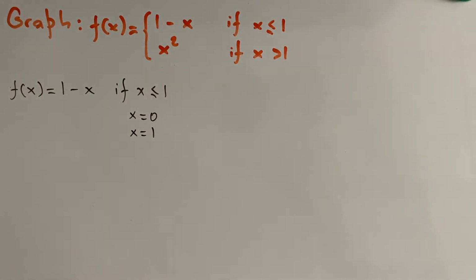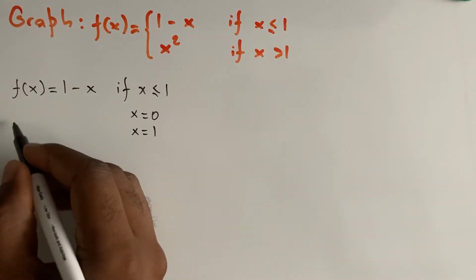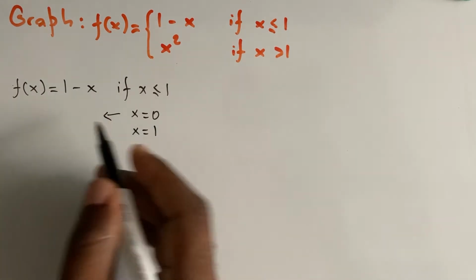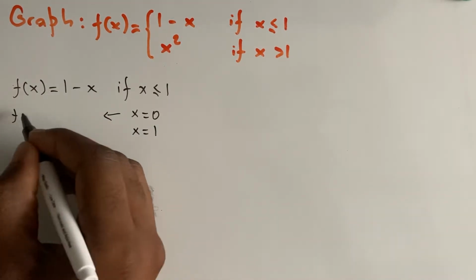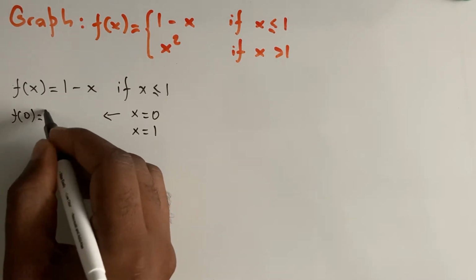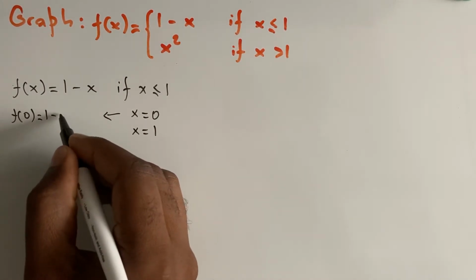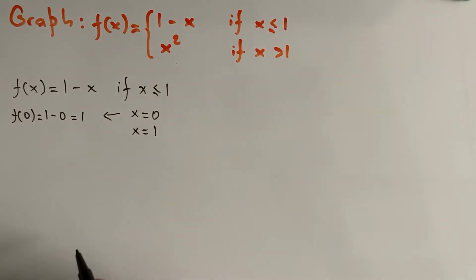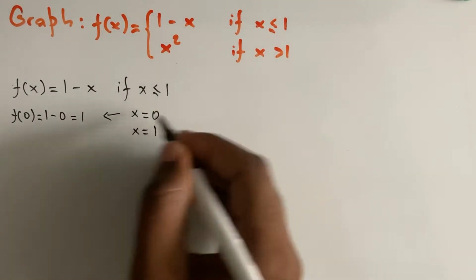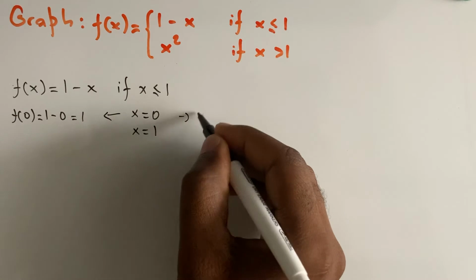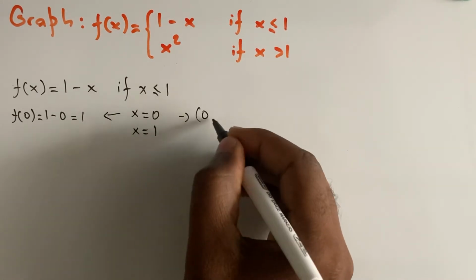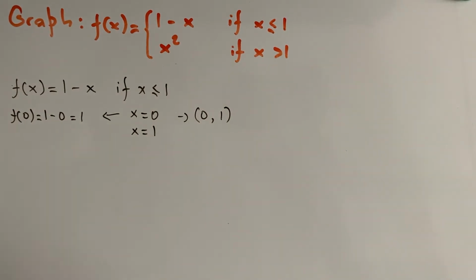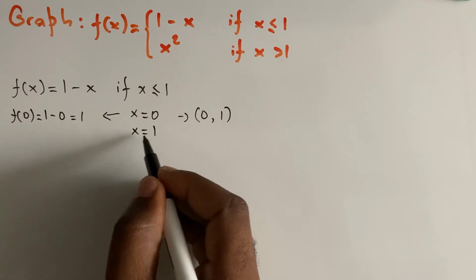So we can go back here and let's say, for example, for the first one here, when x is equal to 0, what I'll have would be f of 0, right? And f of 0 would be 1 minus 0 because x is 0, as we said, okay? And f of 0 would be 1. So this would be an ordered pair, a point, which would be 0 for x, and you just get 1 for y. All right, so this is the first point. Okay, now a second point you can get here is when x is equal to 1.